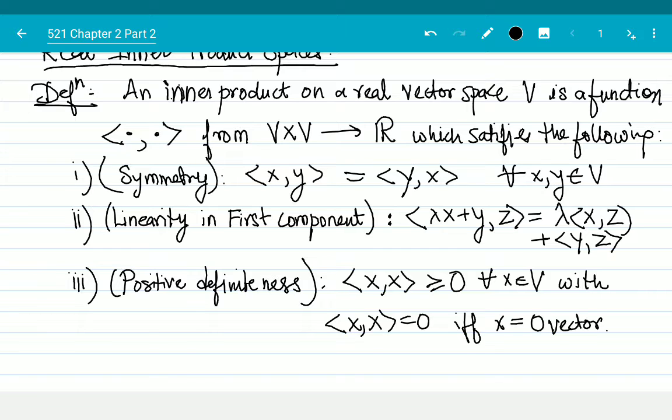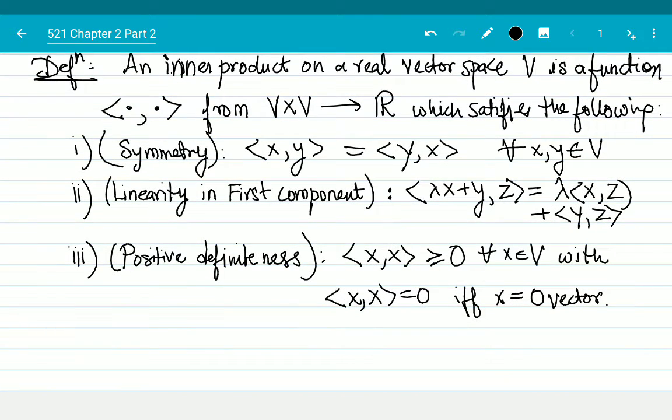In this case, this is called a real inner product space.